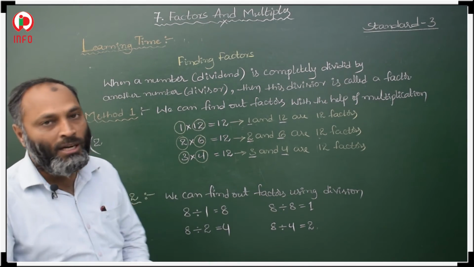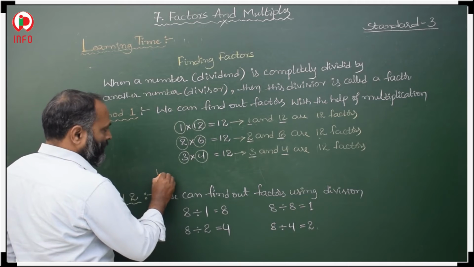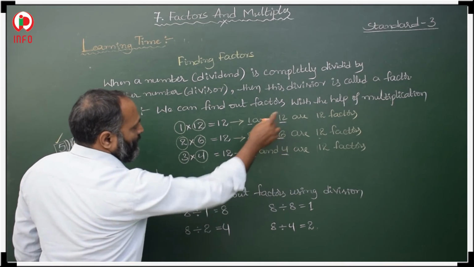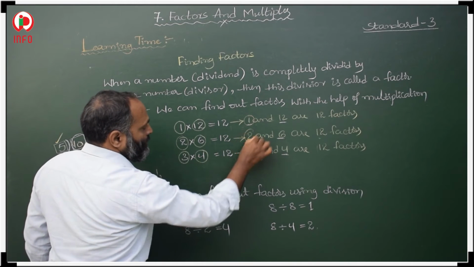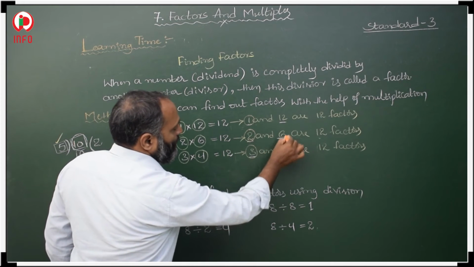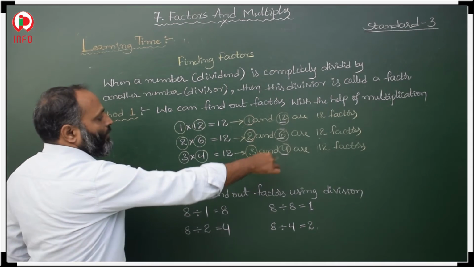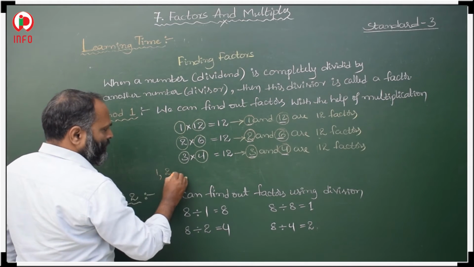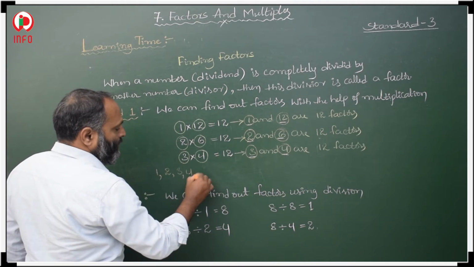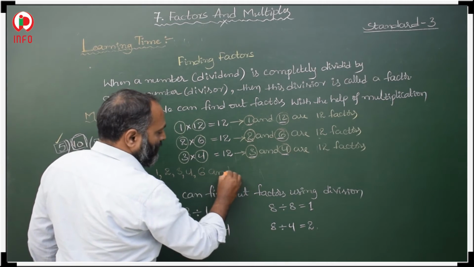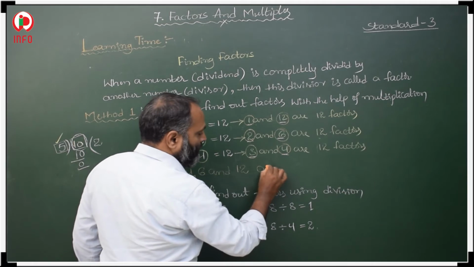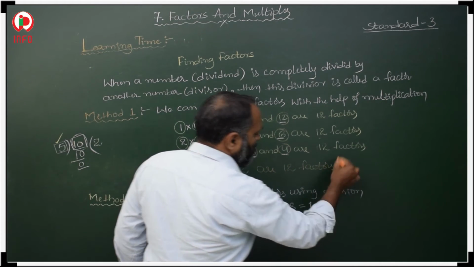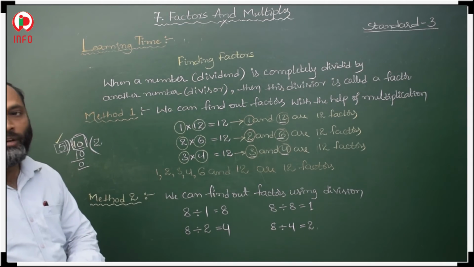It means 1, 2, 3, 4, 6 and 12 are 12 factors.